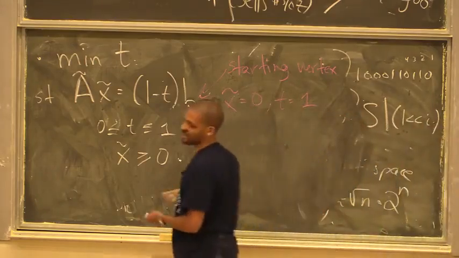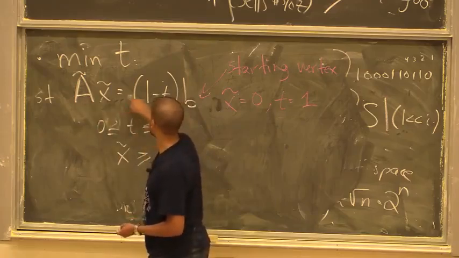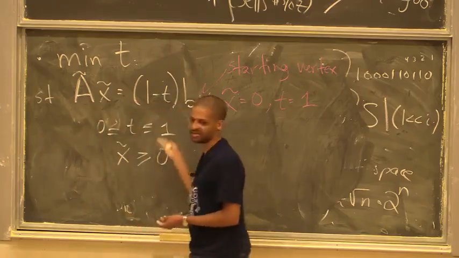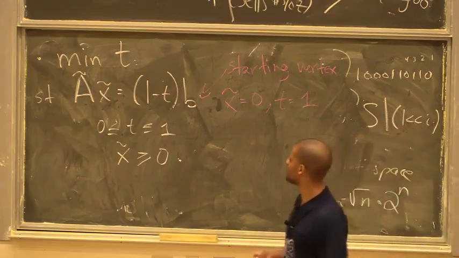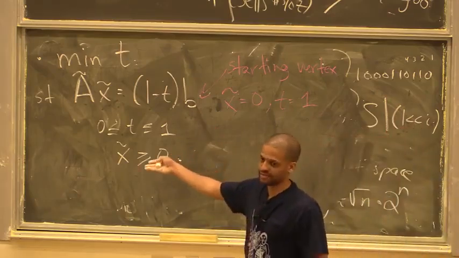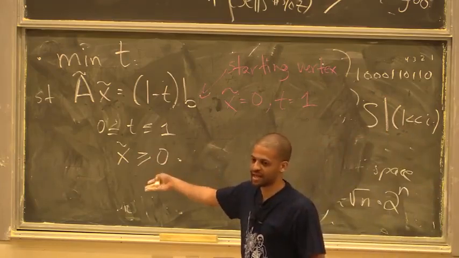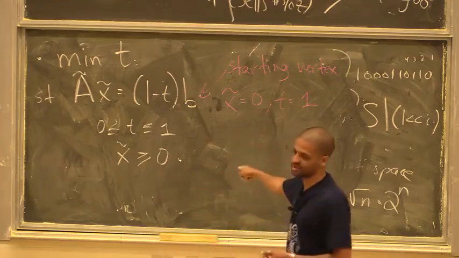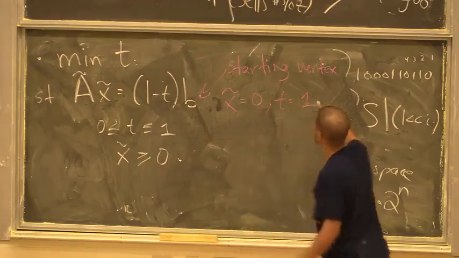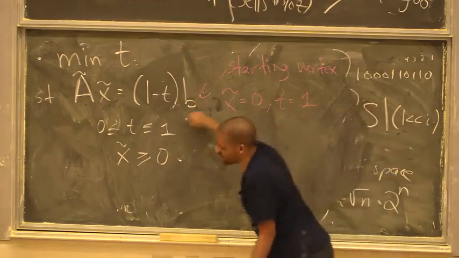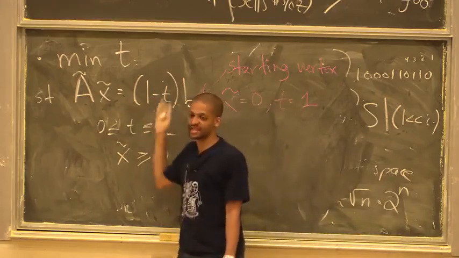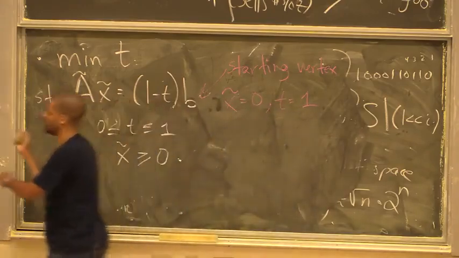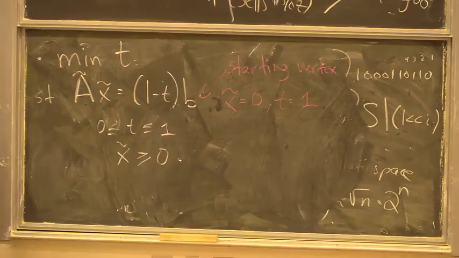That's definitely a valid solution, because I have A tilde times 0 is equal to 1 minus 1 times b, so that's 0 is equal to 0, and it satisfies all the constraints. So basically, in order to get a starting vertex for the original linear program to then do simplex, write this new modified linear program, start with this vertex, now run simplex on this linear program to minimize t. It's going to give you an x tilde that actually is feasible. Take that x tilde, bring it here as a starting vertex, and run simplex here greedily. So you're basically going to do two simplexes.